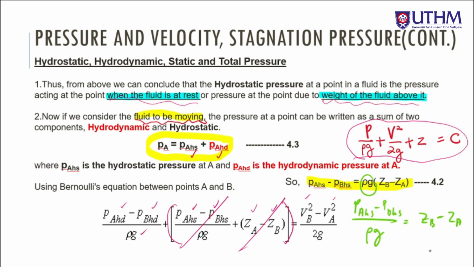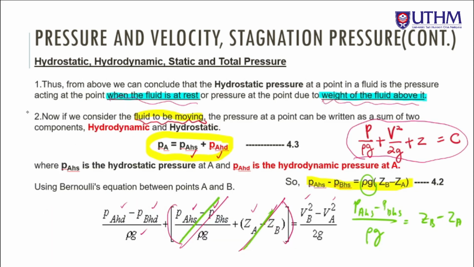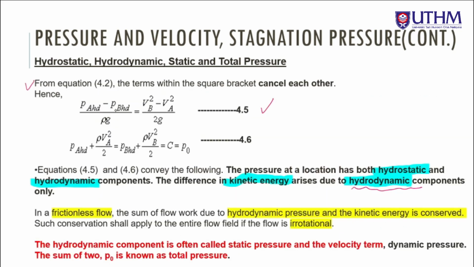Okay, so because benda ni dengan benda ni sama, kita boleh cancel out these two parts. Okay, that is why in the end kita hanya tinggal dengan this and this, which is this and this on the hydrodynamic part sahaja.